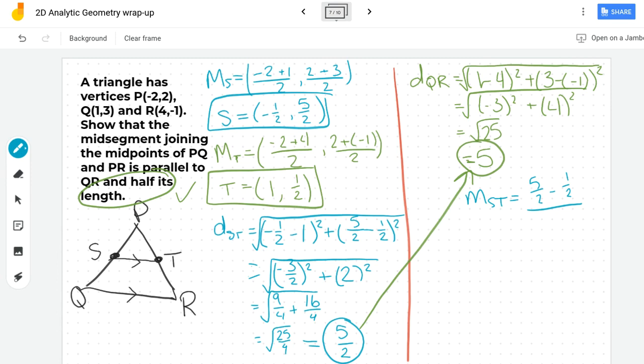So 5/2 minus 1/2, and then negative 1/2 minus 1, which I'm going to write as 2/2 just so I can simplify my fractions easier. 5/2 minus 1/2 will give me 4/2, which is just 2. And negative 1/2 minus another 1 will give me negative 3/2. Flip the fraction and multiply. So you get negative 4/3 for that slope.